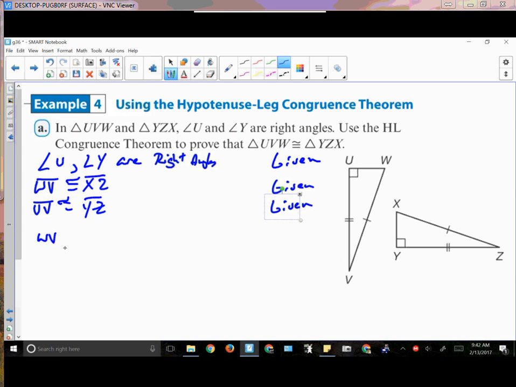WU squared is going to be equal to WV squared minus UV squared. I'm going to be using the Pythagorean theorem here for this.